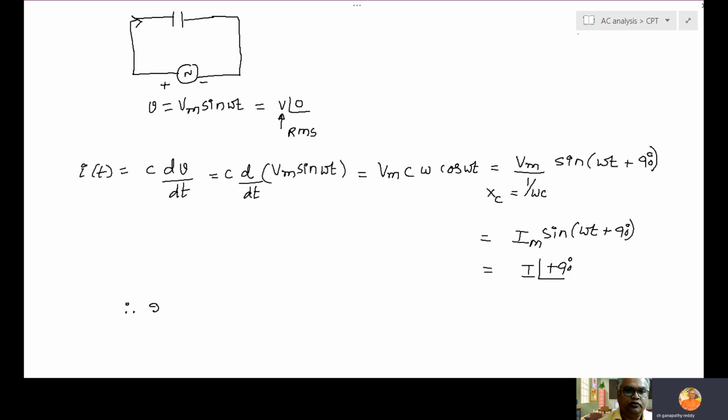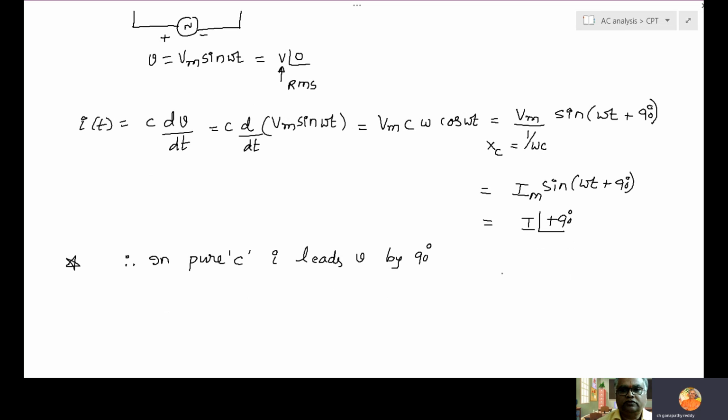Therefore, in pure capacitor, current I leads voltage V by 90 degrees. So this is one important point. We can also show it in phasor form.